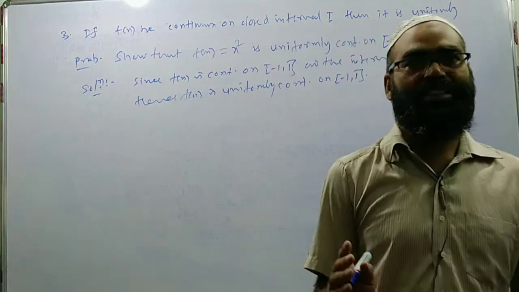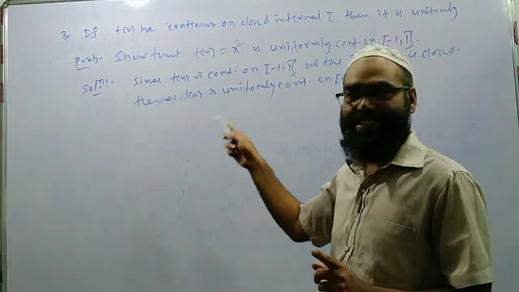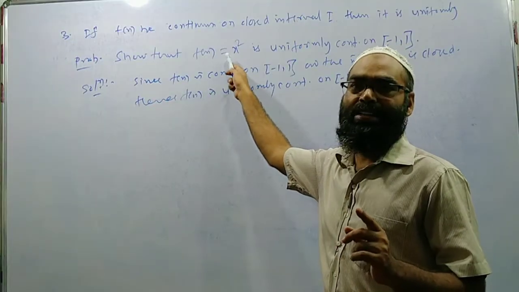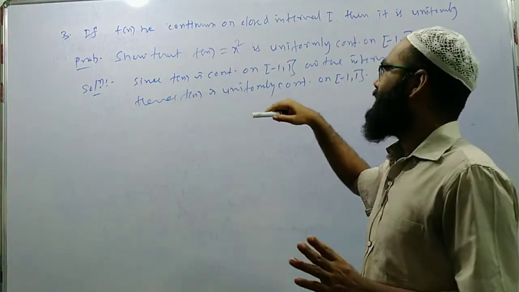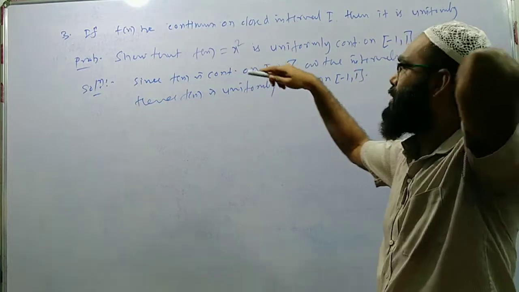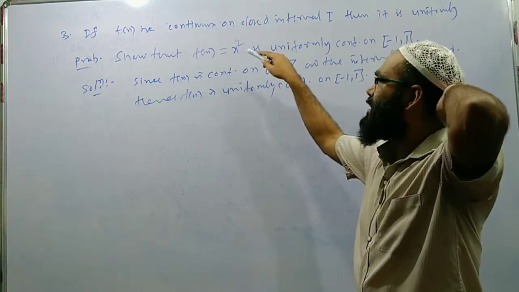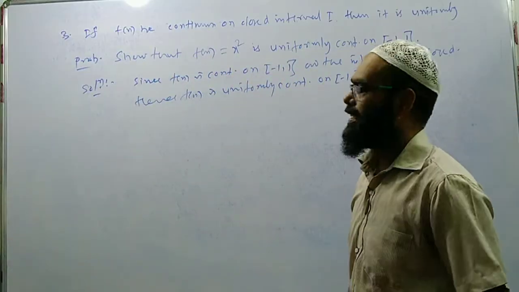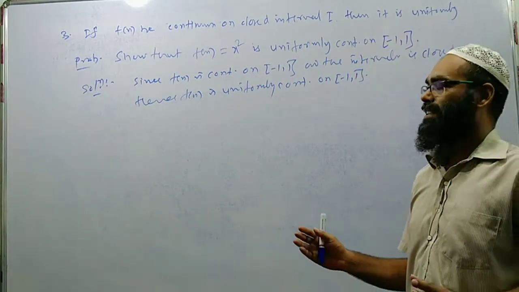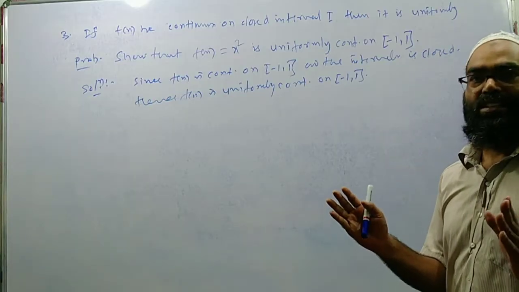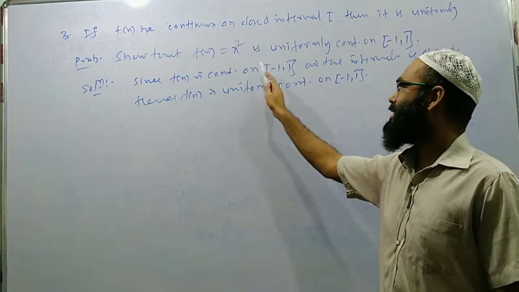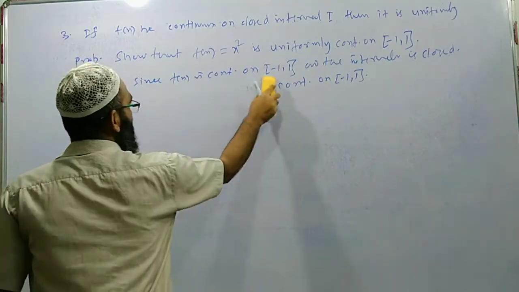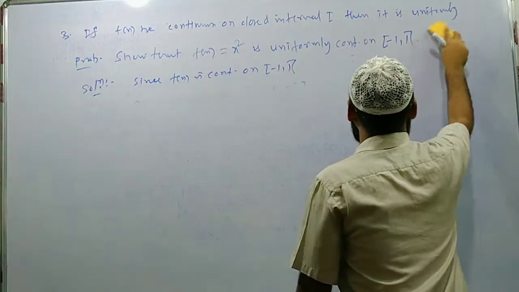So for various competitive examinations we shall apply this technique. Here it has been proved by applying the definition, and the definition was very complex, but in this section if we apply this result 3, then it can be easily shown that the function f(x) is uniformly continuous on I equal to the closed interval [-1, 1].